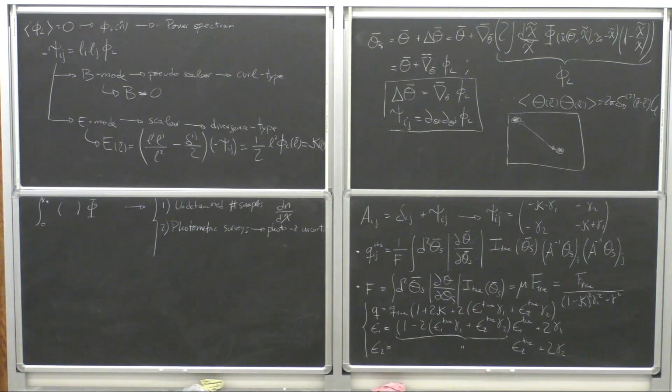So if we express, as we did before, the convergence as function of the matter distribution, our power spectrum in the end looks like something like this. Kappa, kappa.